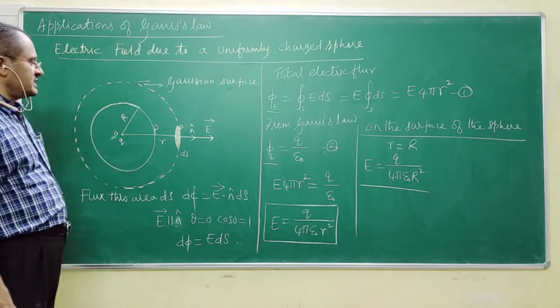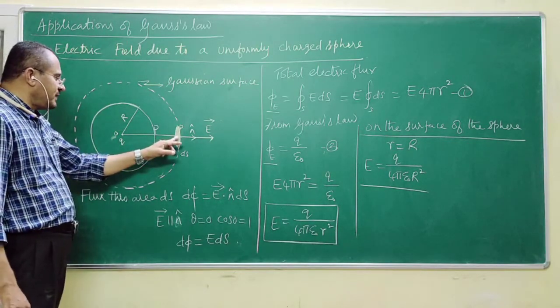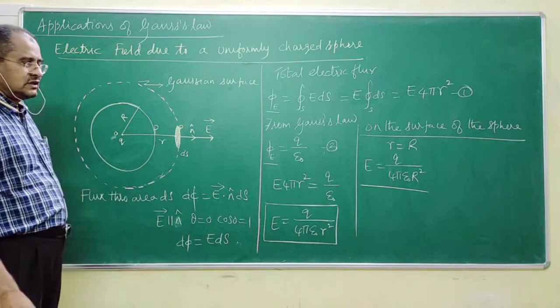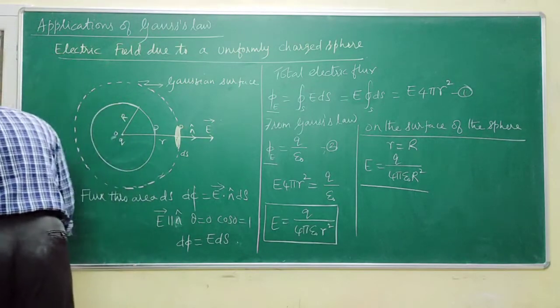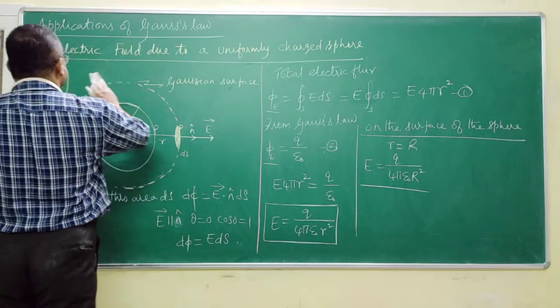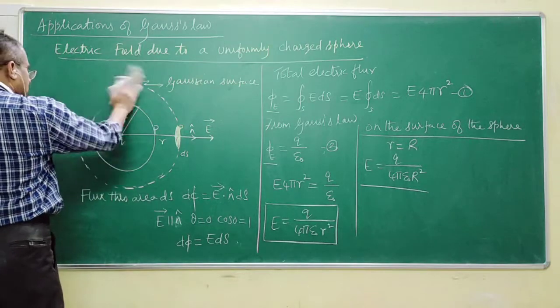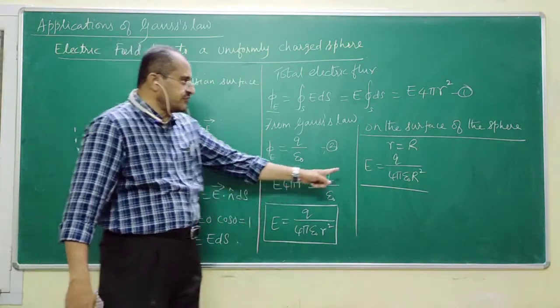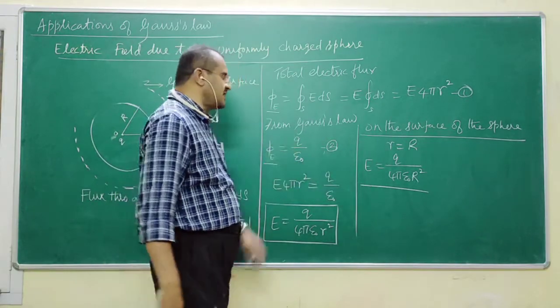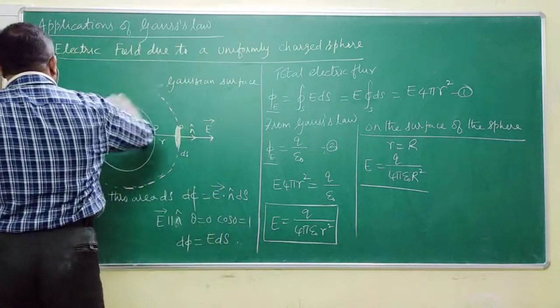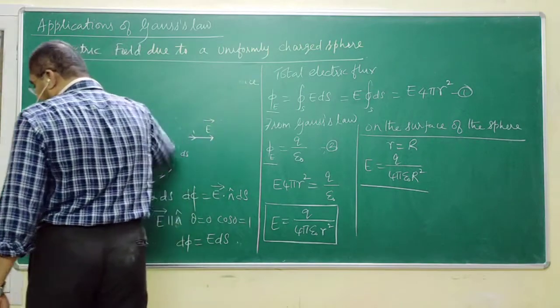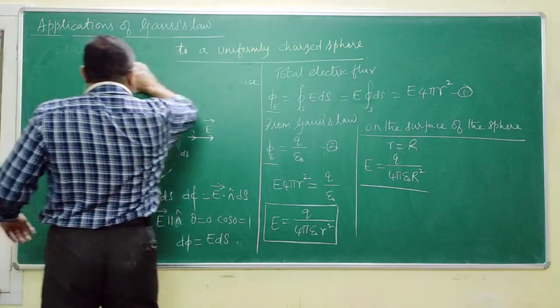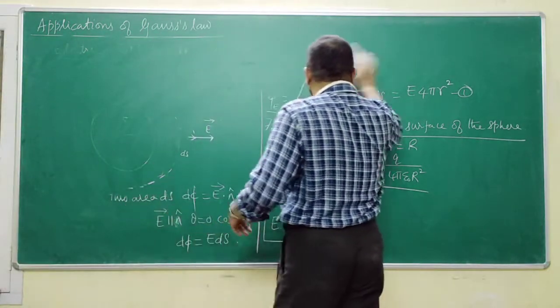Now the next question is, if the point P is brought inside, what will happen? Let us try to understand that. I will rub this off. This is the field at a point outside. This is the field at a point on the sphere. We have to find out electric field at a point inside a uniformly charged sphere.